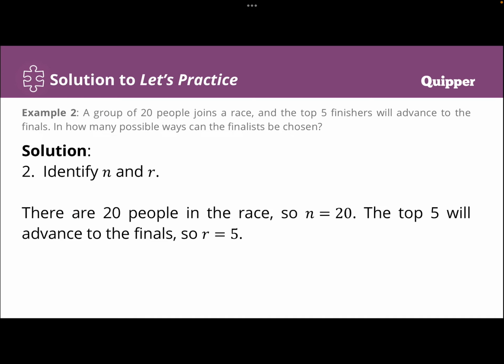Next, we're going to identify the value of N and R in the given problem. So, if there are 20 people that will join the race, the value of N, or the total number of objects, is 20. The top 5 will advance to the finals, so the top finishers, top 5, will be the value of R. So, R is equal to 5.